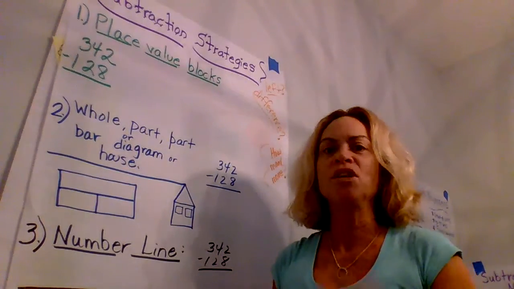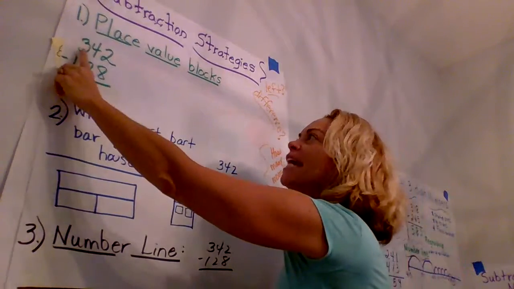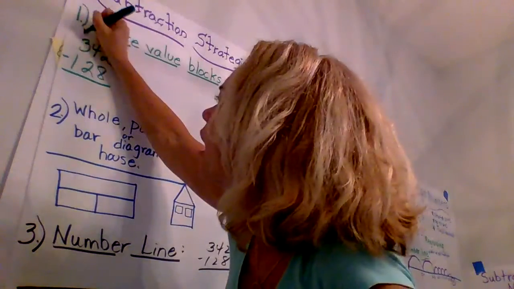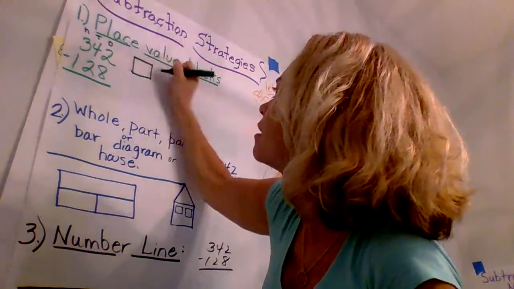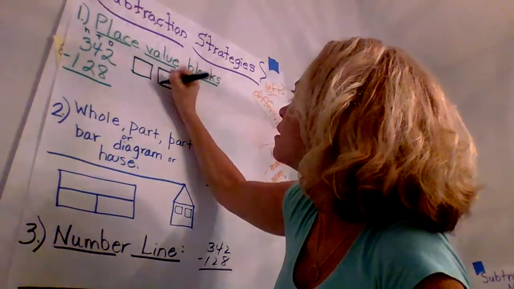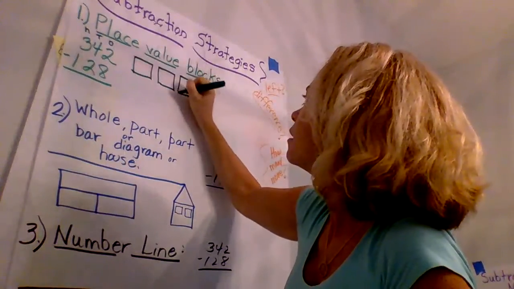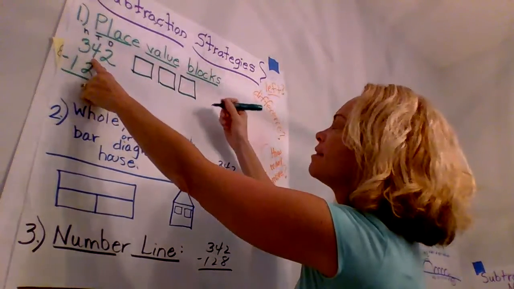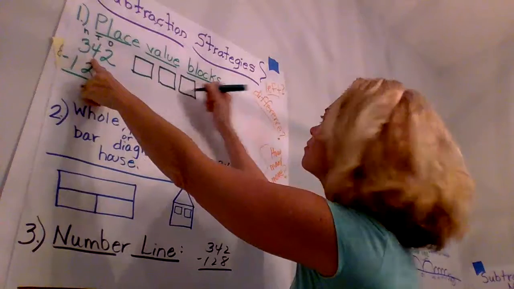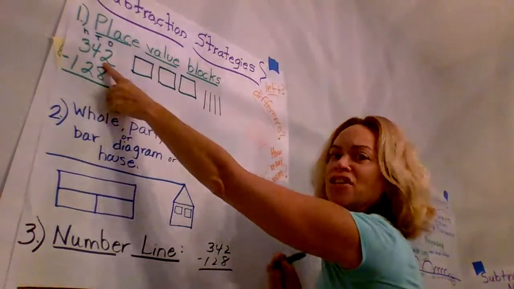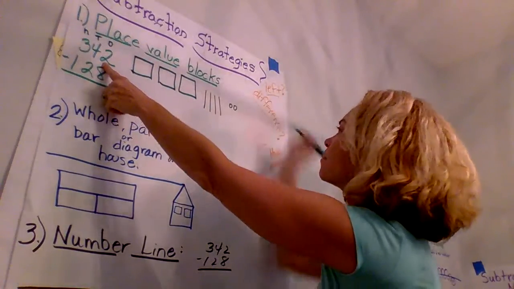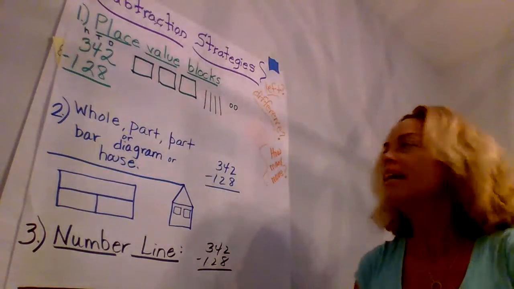Since you don't have those, you're going to draw them. 3 hundreds, 4 tens, and 2 ones. Okay, let's subtract.